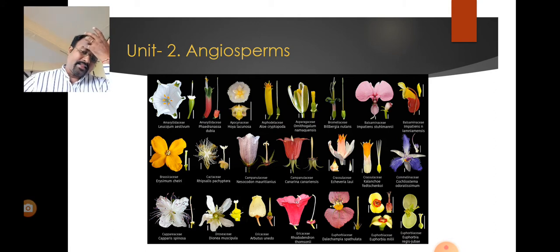Similarly, the second discipline is palynology. In palynology we have to take support from pollen morphological characters. We have to study the exine and intine. Basically, exine structures are employed to support plant systematic studies. There is one common example in the Convolvulaceae family.